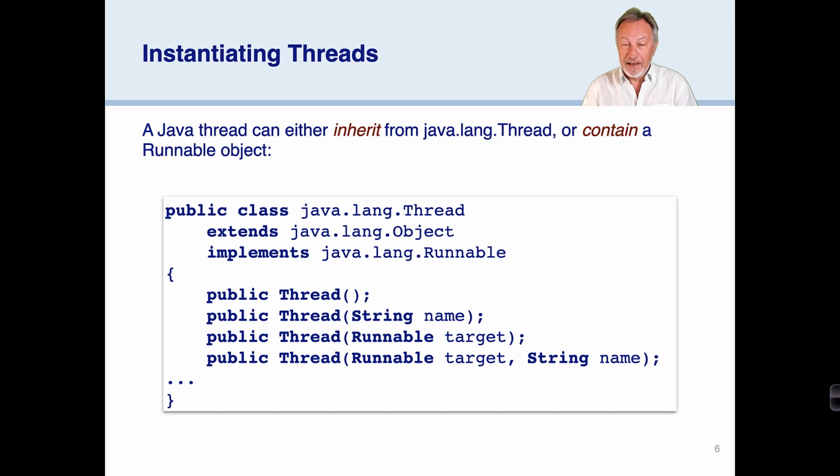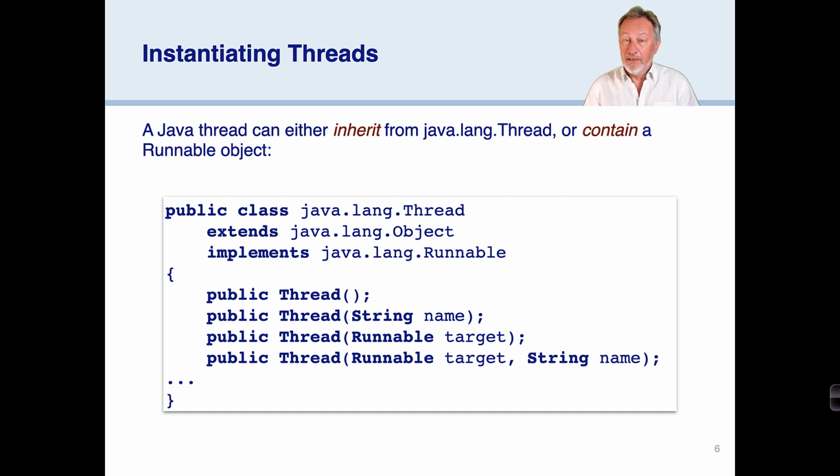Now, to instantiate a thread, there are actually 4 different constructors, but they're essentially 2 by 2. You can either create a new instance of Thread or its subclass without any parameters. That's the default constructor. Or you can give that thread a name, which is useful for debugging.